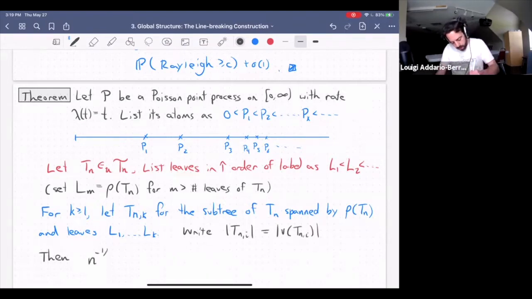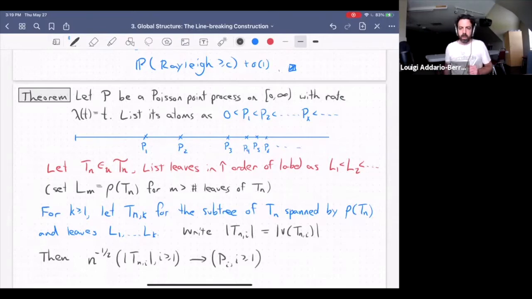Then if I rescale the sequence of sizes by n to the half, that converges precisely to the sequence of atoms of this Poisson point process.